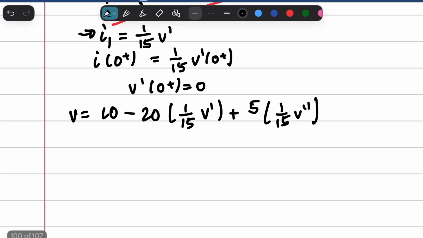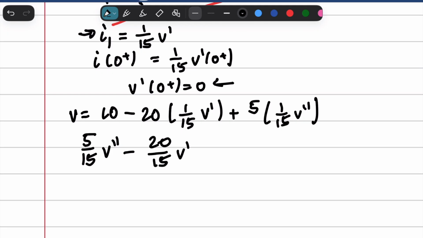We have our initial condition for the derivative, and now it's just a matter of solving it out. So let's go ahead and do that. We will get 5/15 V double prime minus 20/15 V prime plus 10 is equal to V, right?